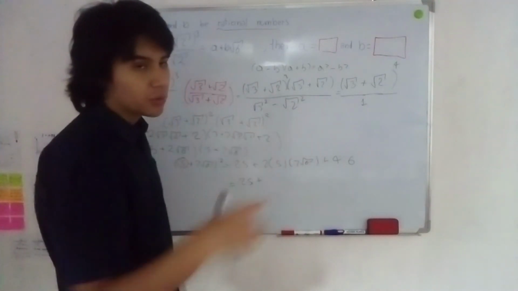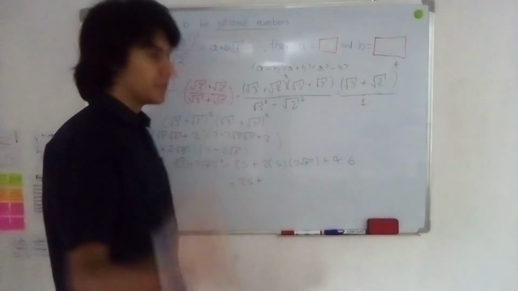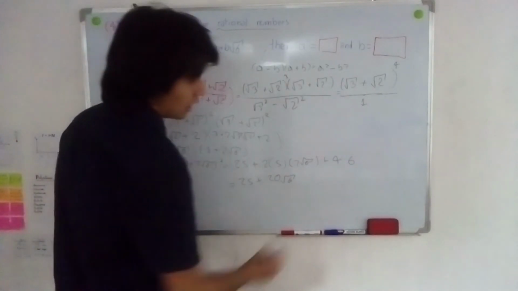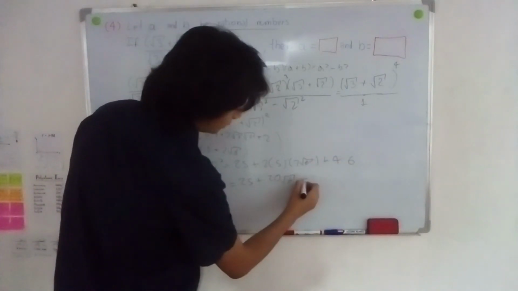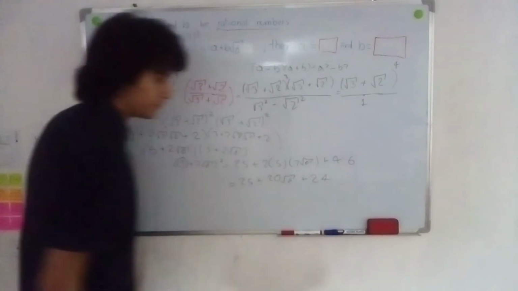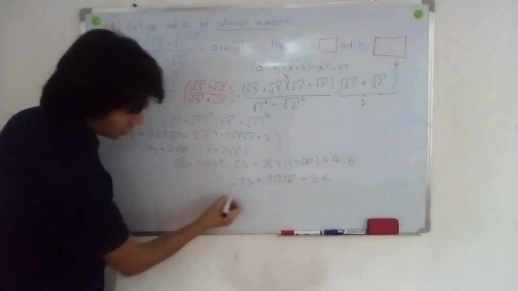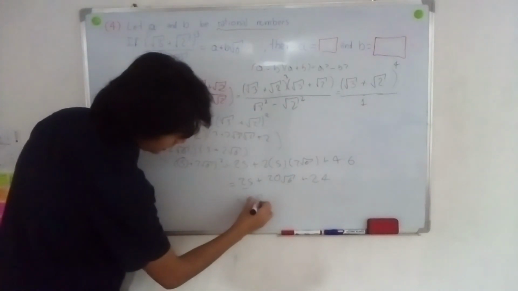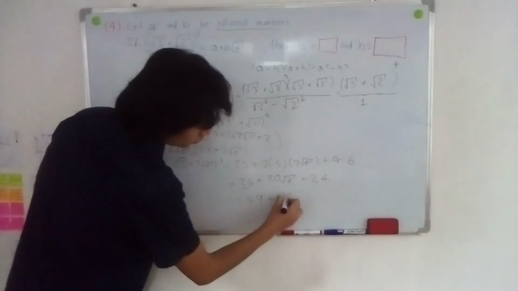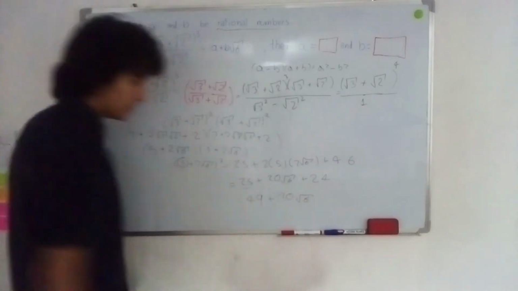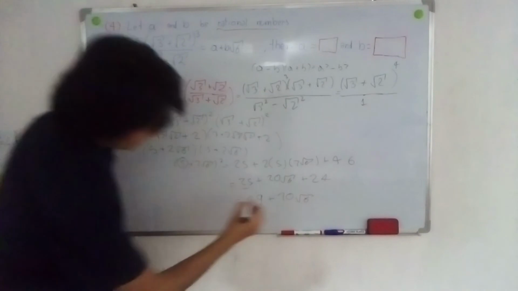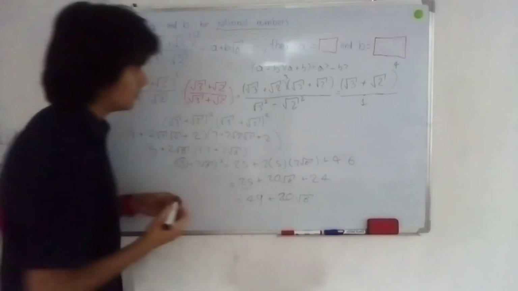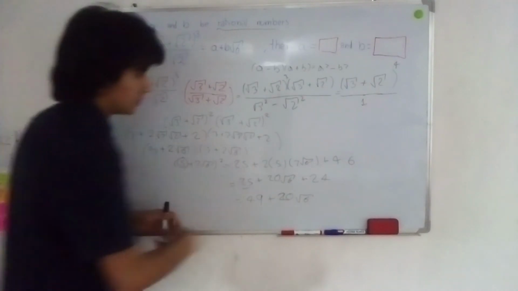And 20 times the square root of 6 is 20 the square root of 6. And 4 times 6 is 24. 25 plus 24 is 49 plus 20 the square root of 6. That is the answer.